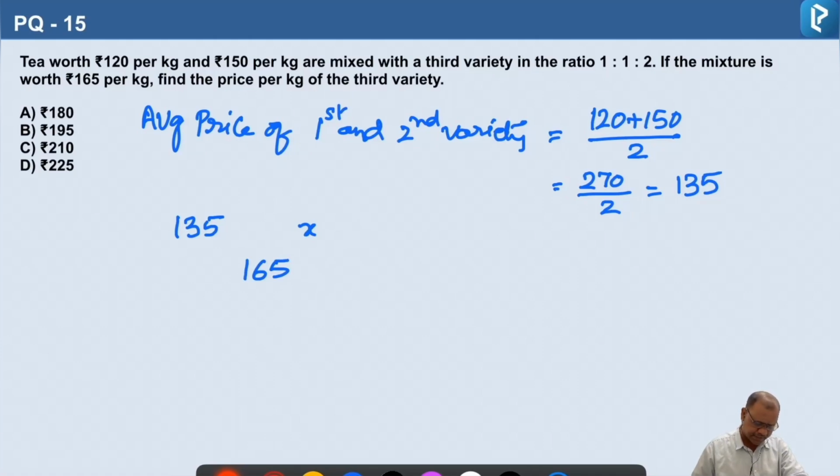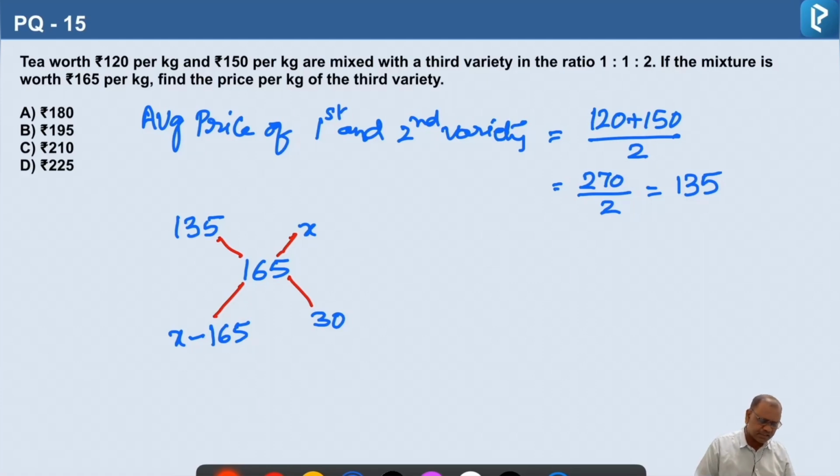Now let us find out the differences: cheaper minus mean, mean minus cheaper, and costlier minus mean. So this is 165 minus 135, which is 30. This is X minus 165.